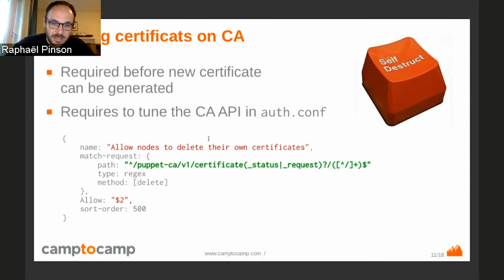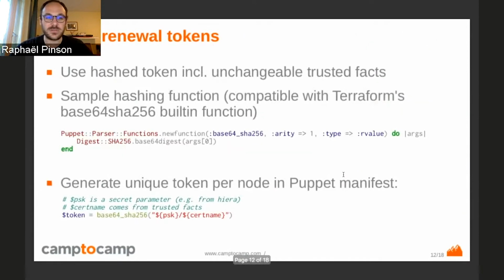Here, we've set it up so that the certificate status requests are allowed to be executed with the delete method for the certificate itself. It means that nobody can remove certificates from the CA except the certificates themselves. So nodes are allowed to remove themselves from the CA, which allows them to automatically renew themselves.